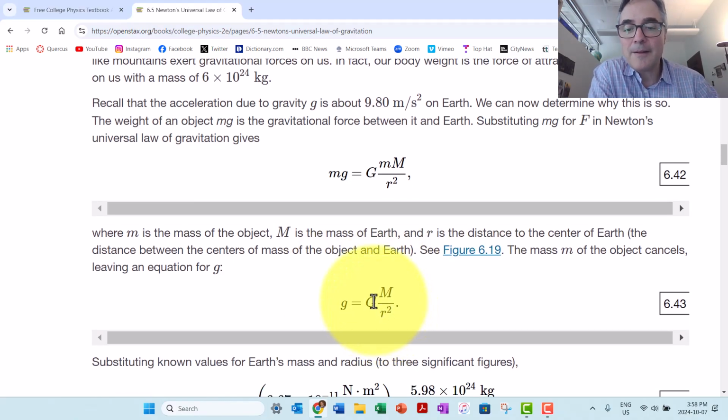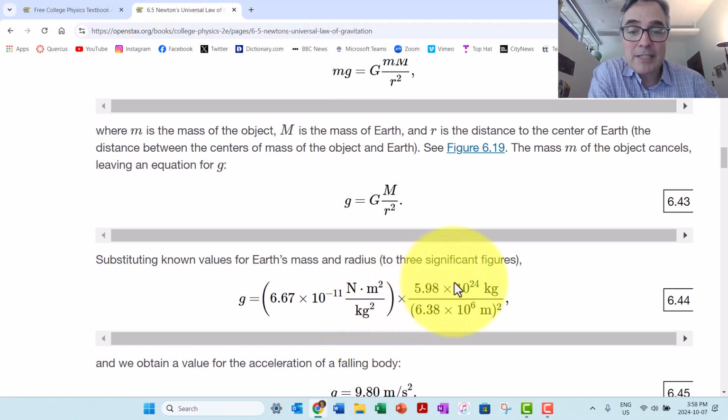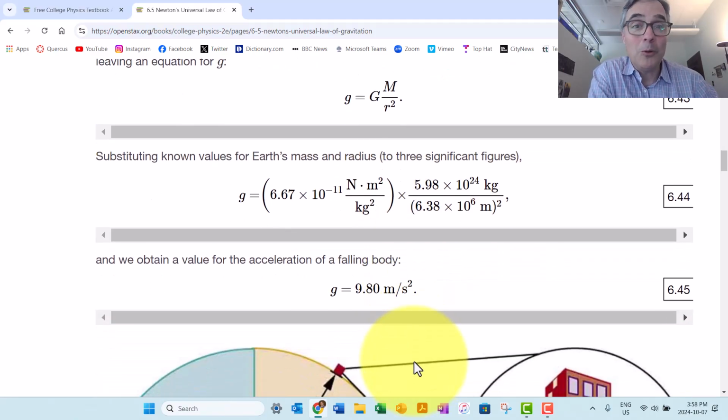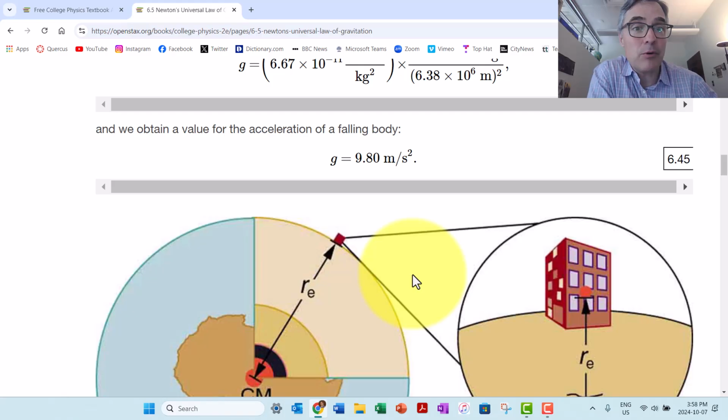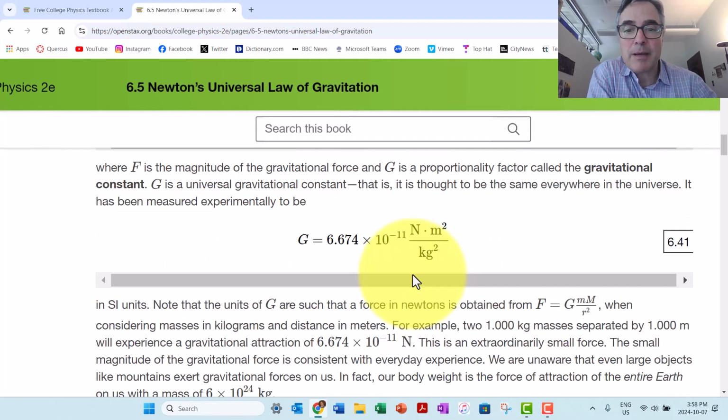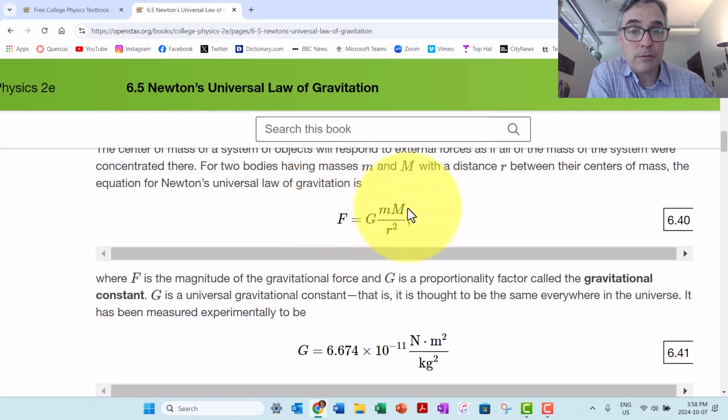So if you plug in capital G times the mass of the Earth divided by the radius of the Earth squared, lo and behold, you get 9.8. And the units turn out to be 9.8 meters per second squared. So that's exactly where the 9.8 comes from. It's actually a special case of this universal force law.